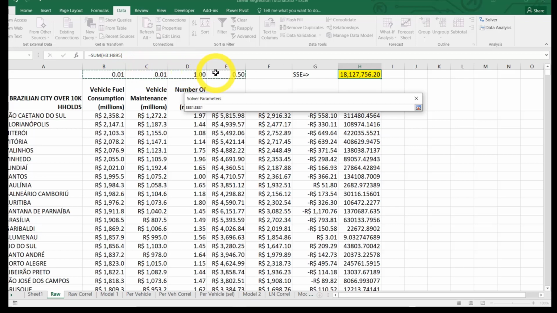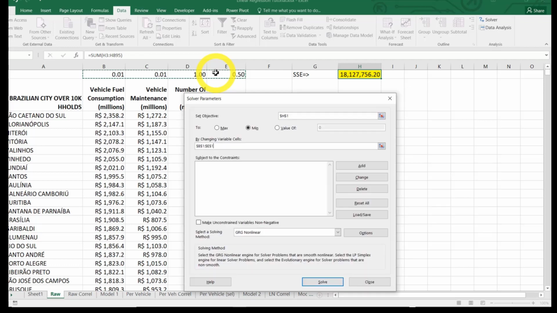So essentially I'm telling Solver, find out the values for B1, C1, D1, and E1 that produce the lowest sum of squared errors. So I'm doing ordinary least squares, right? Find the regression coefficients that produce the lowest squared errors.